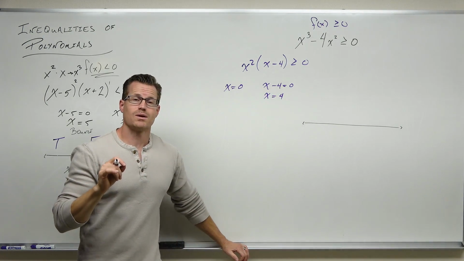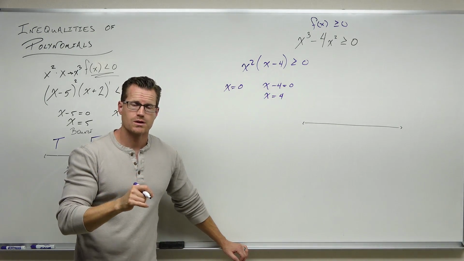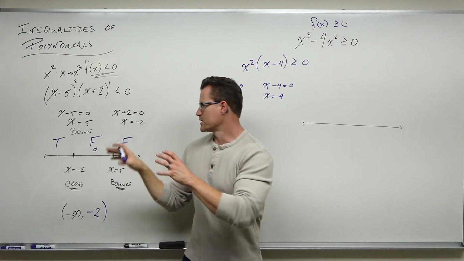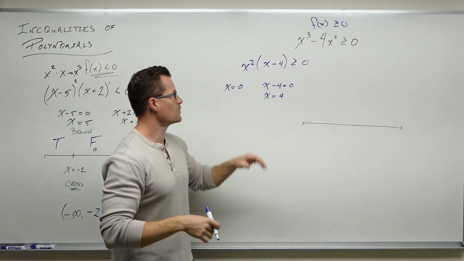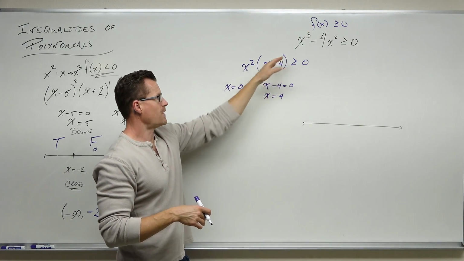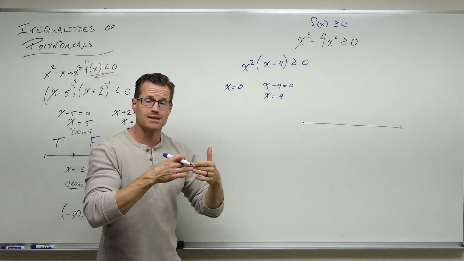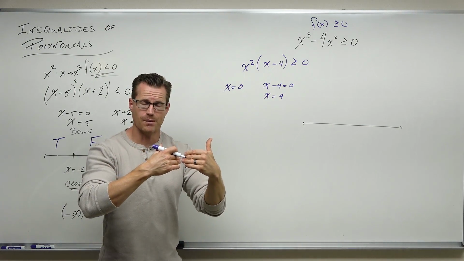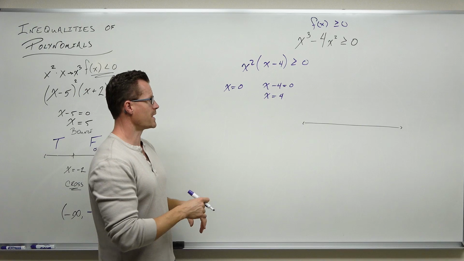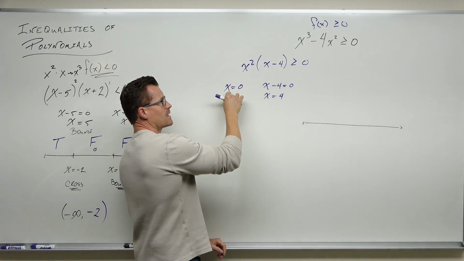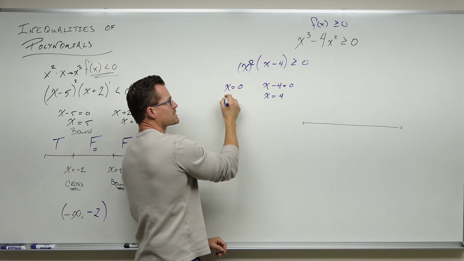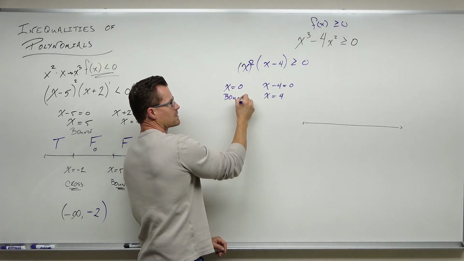We're also going to say whether they're cross or bounce at those x-intercepts. Why? Because we know that relates to our truth, that relates to our graph. So we have said this is asking whether the function's above the x-axis or on it. We found the x-intercepts because that signifies where a graph is above or below. That separates our boundaries. Now we're saying because this factor had an even power and even multiplicity, that's a bounce.